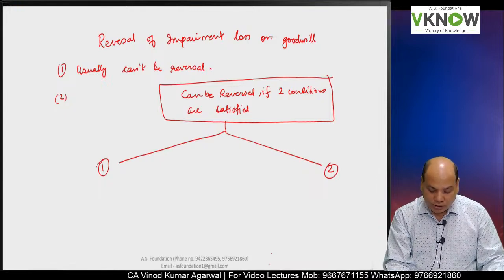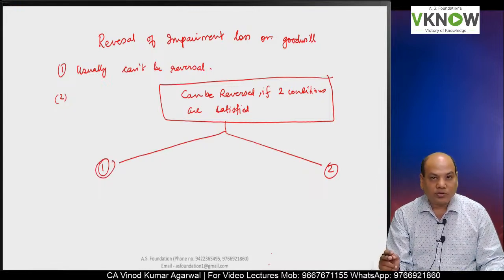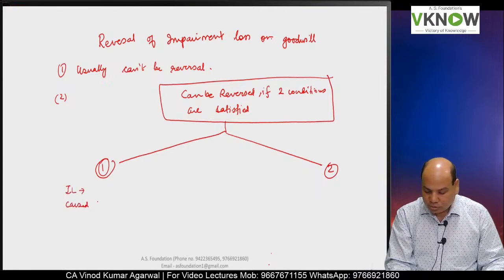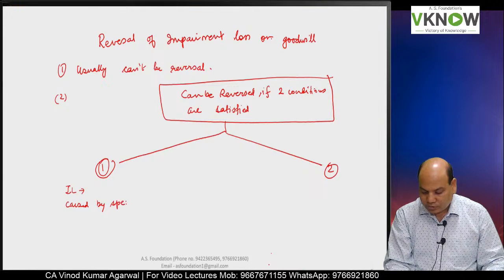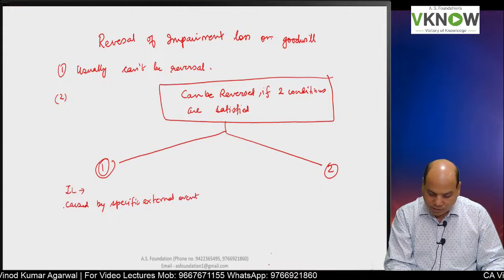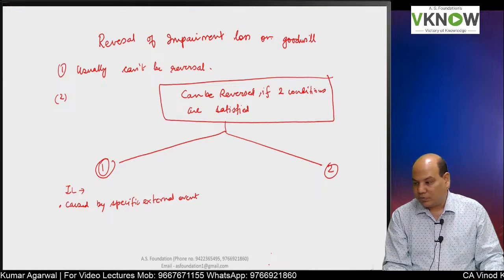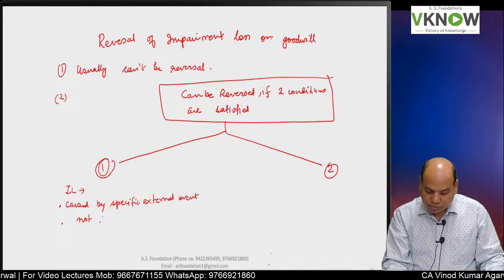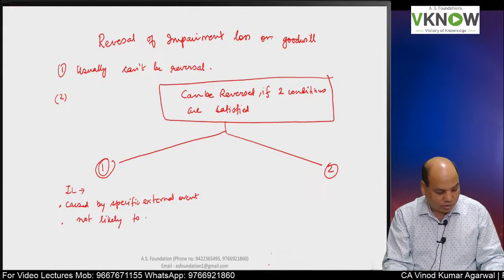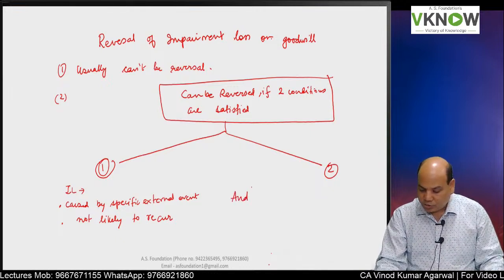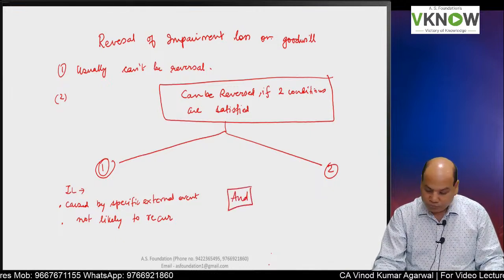So the first condition is that the impairment loss was caused by some specific external event, and it is not likely to occur again.